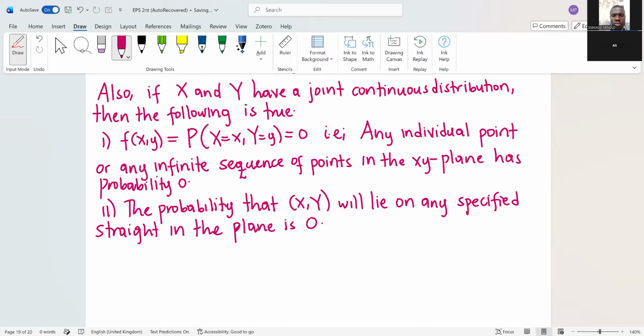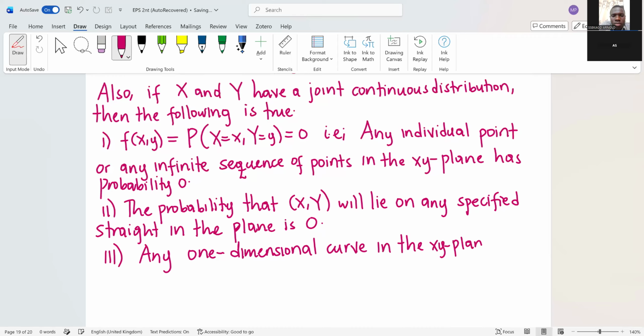Finally, any one-dimensional curve in the xy plane is still pointwise, so the probability is still 0.